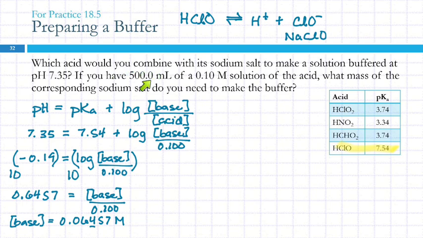So this is the volume of the solution, and this is the concentration that we want, right? So we have 500 milliliters, and we want 0.06457 moles per liter.